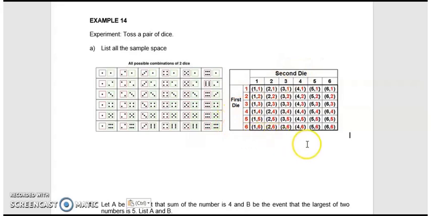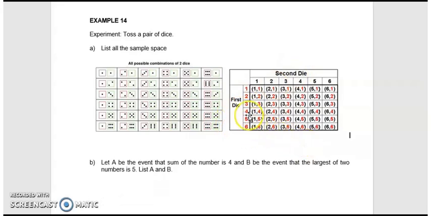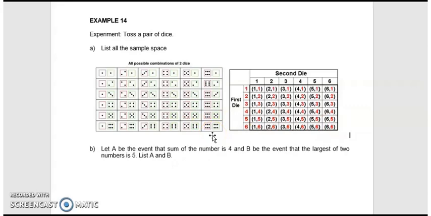So altogether you will have 36 possible outcomes. You either get 1 1, 1 2, 1 3, 2 1, 3 1, and so forth until 6 6. So altogether you will have 36 different outcomes. Your answer you can just write like this: 1 1, 1 2 until 6 6.